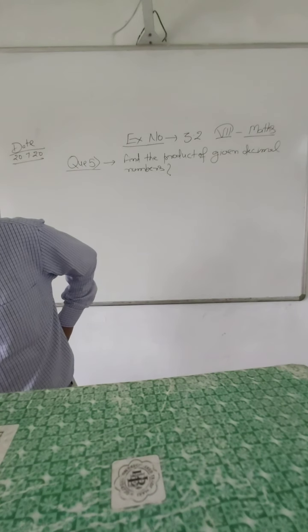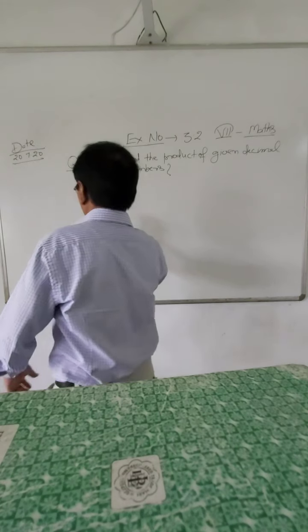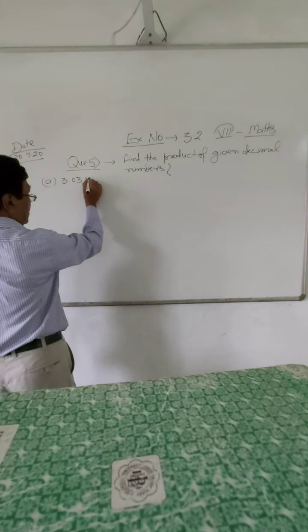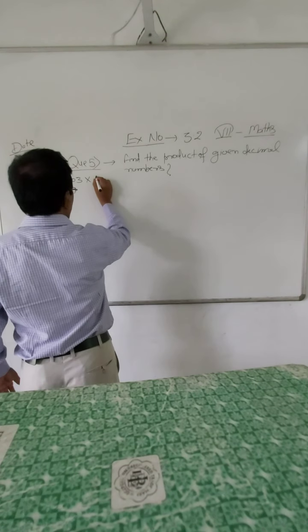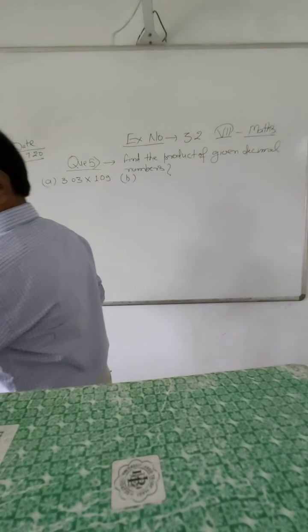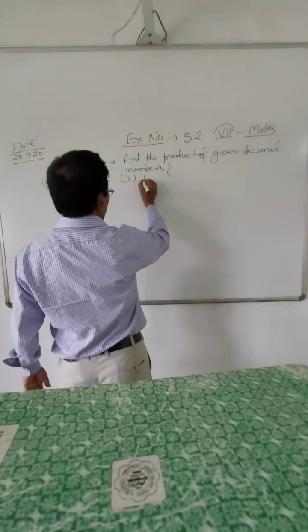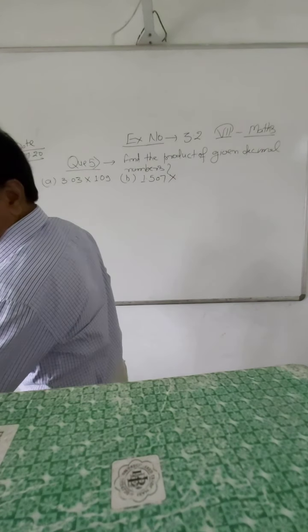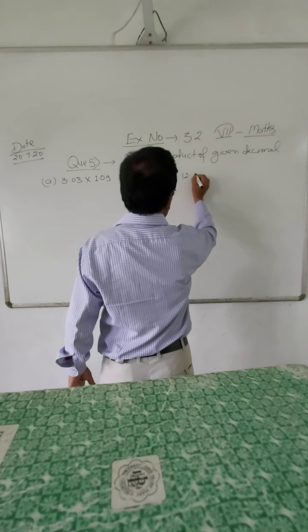And what are these? Question number A, 3.03 multiplied by 1.09. Question number B, 1.507 multiplied by 12.9.